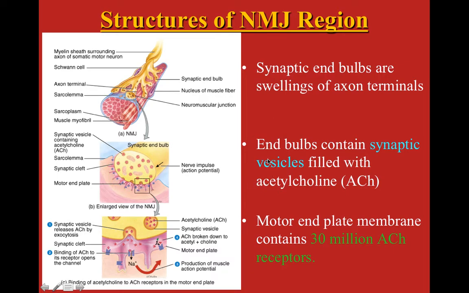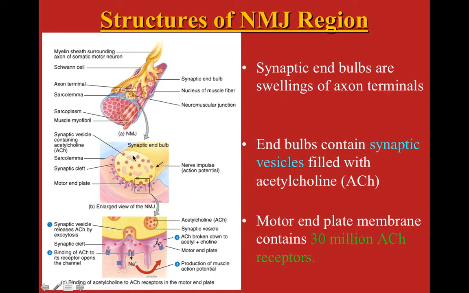The end bulbs contain synaptic vesicles, little fluid-filled sacs filled with acetylcholine, that neurotransmitter we've talked about. Then the motor end plate contains about 30 million acetylcholine receptors.